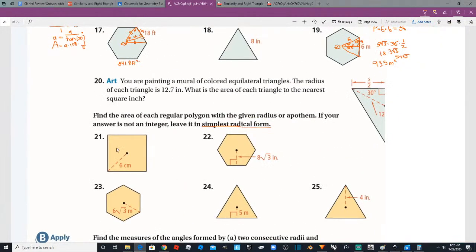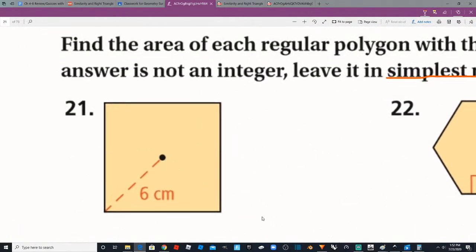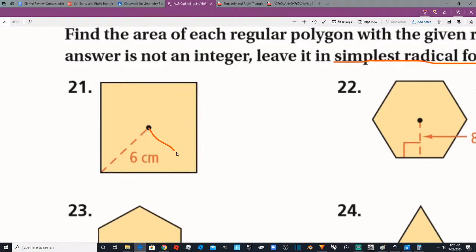So, let's start. Here we are given the radius of this square, and we want to find the area of this square. So let's get started. This one will be 6. Okay, let's draw a quick apothem. This one is actually pretty easy, I would say, because right here you have a 45, 45, 90, which means this will be root 2, this will be 1, root 2, 1, right?